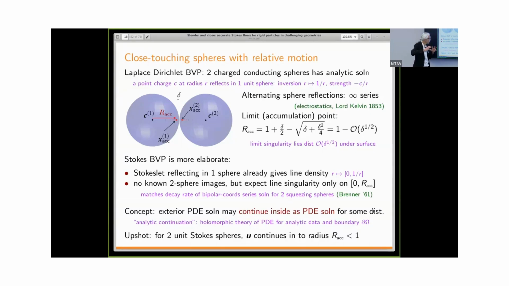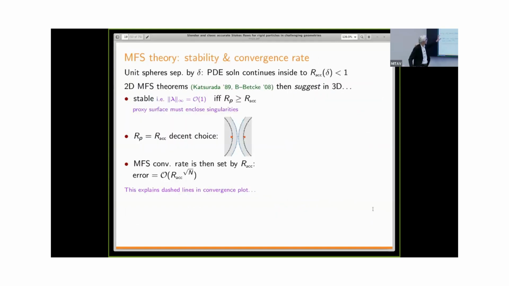So down to a smaller sphere than 1, our unit spheres. That's true for Laplace. We believe it's true for Stokes, but I don't know a book that goes through the holomorphic theory of Stokes in 3D, but that's what you would need. So that accumulation point tells you down to what radius I can extend this solution.